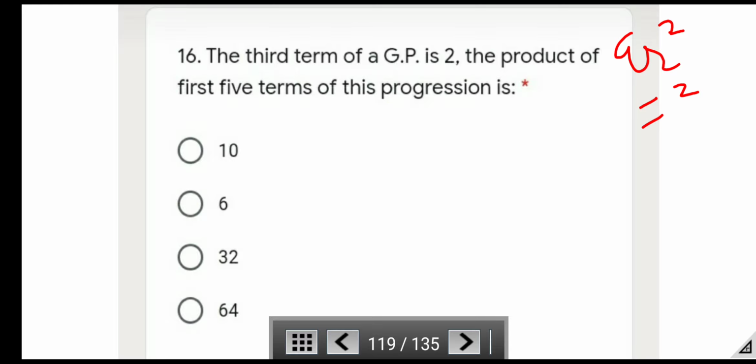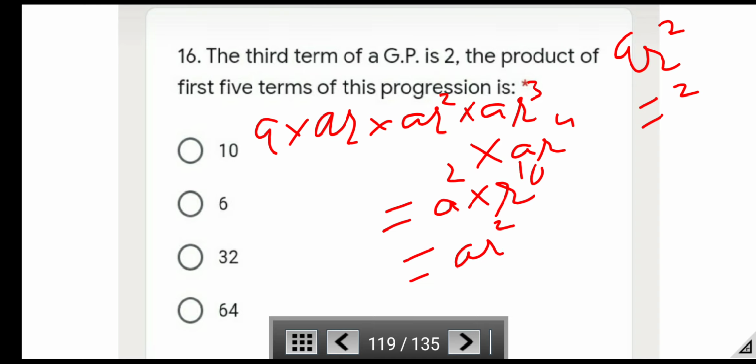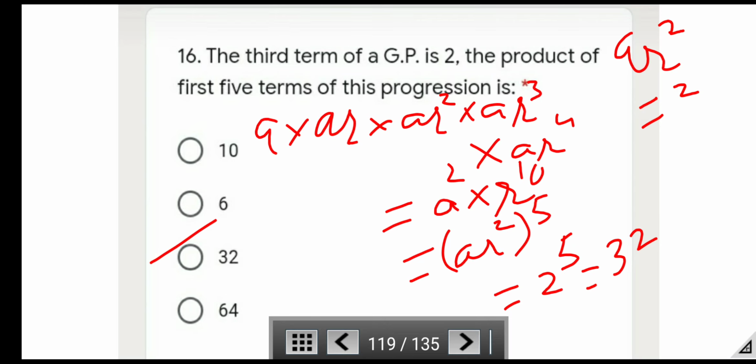Now the product of the first 5 terms of this progression. The first 5 terms are a, ar, ar square, ar cube and ar raised to the power 4, that is a to the power 5 multiplied by r raised to the power 10, that is (ar square) to the power 5, that is 2 raised to the power 5, which is equal to 32. So 32 is the right option.